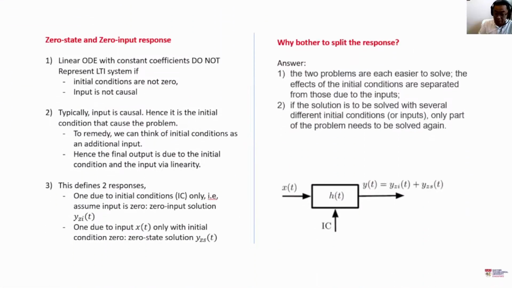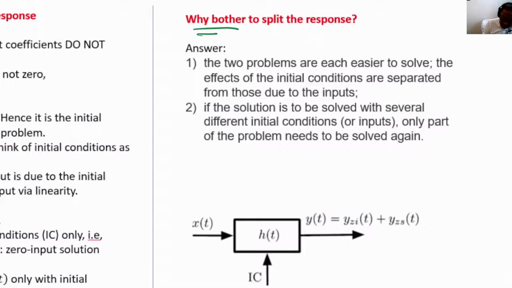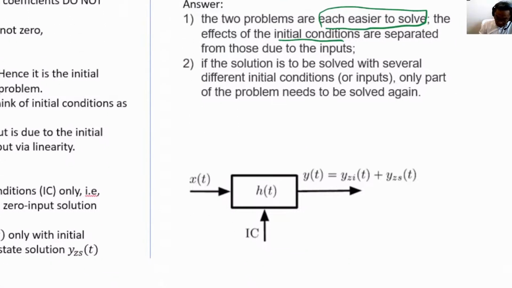So this part of the slide shows you why we bother to split the response: each of these is easier to solve on its own. If the initial condition changes, or if the input changes, we only need to calculate that particular output once, and we do not need to solve the entire problem again.